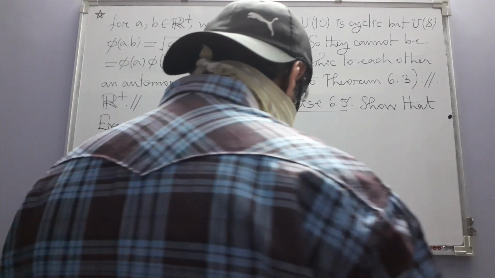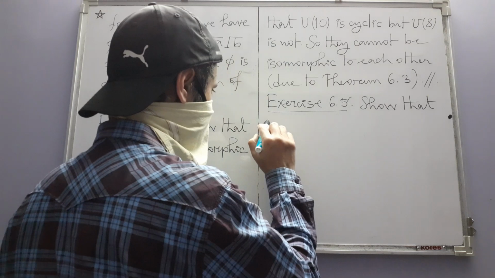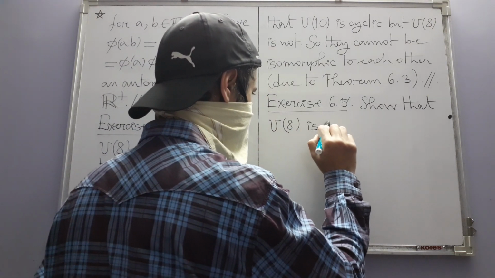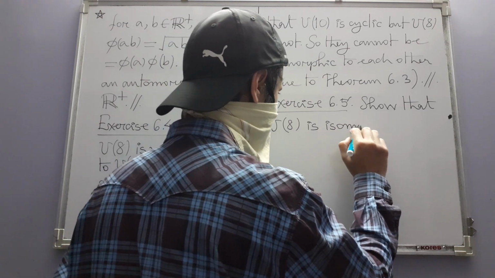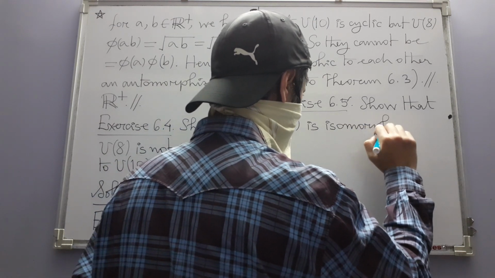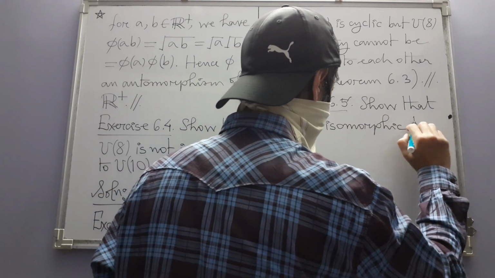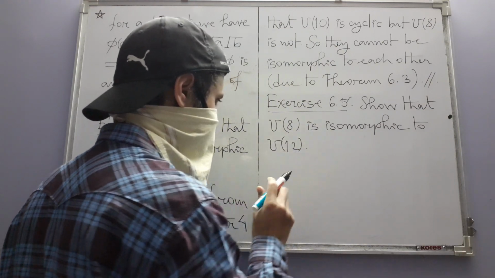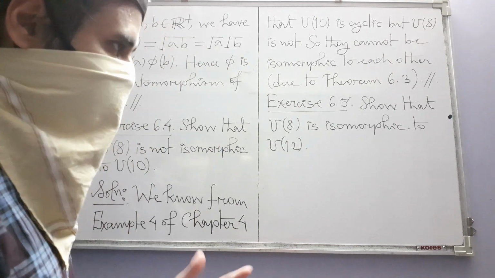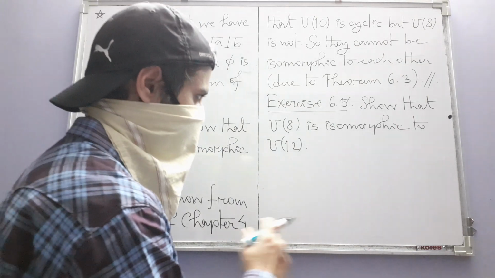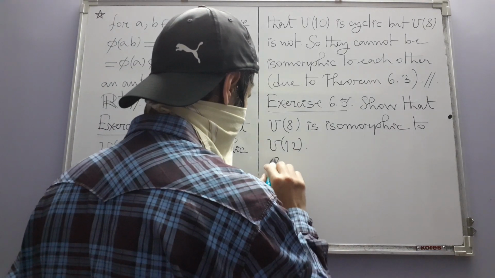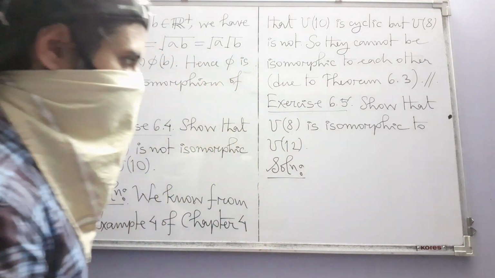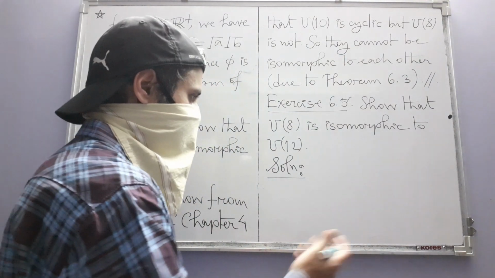Show that U8 is isomorphic to U12. So that means here we have to produce an isomorphism, an actual concrete isomorphism. Okay, so in the solution we just do that.